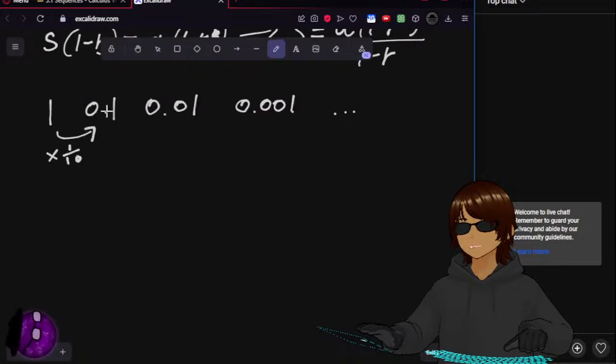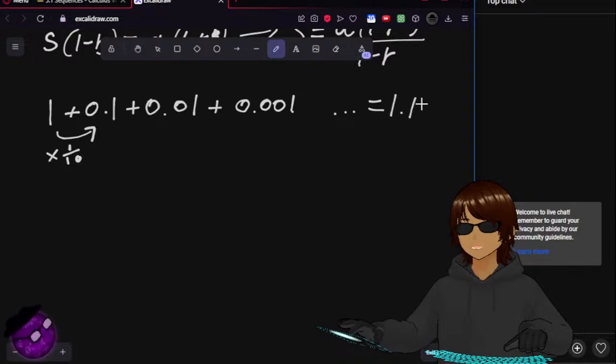Then the series, if we add them all up, would be 1.111 and so on. So 1 point infinite ones. So this sum reaches a limit, which is 1.111 and so on.